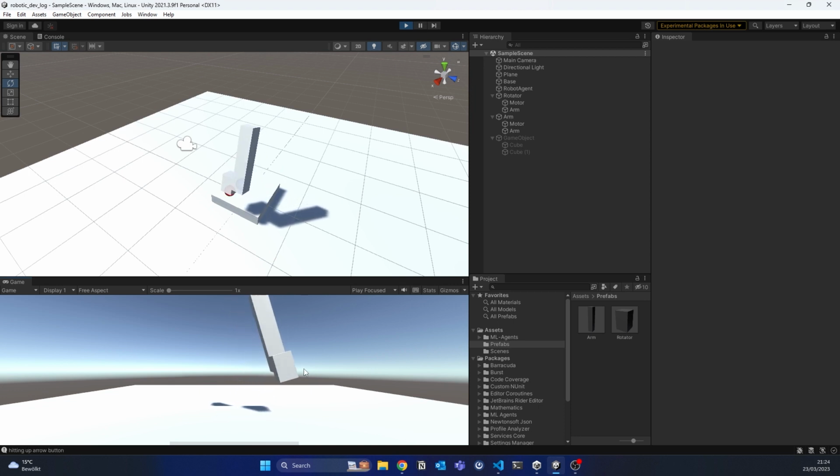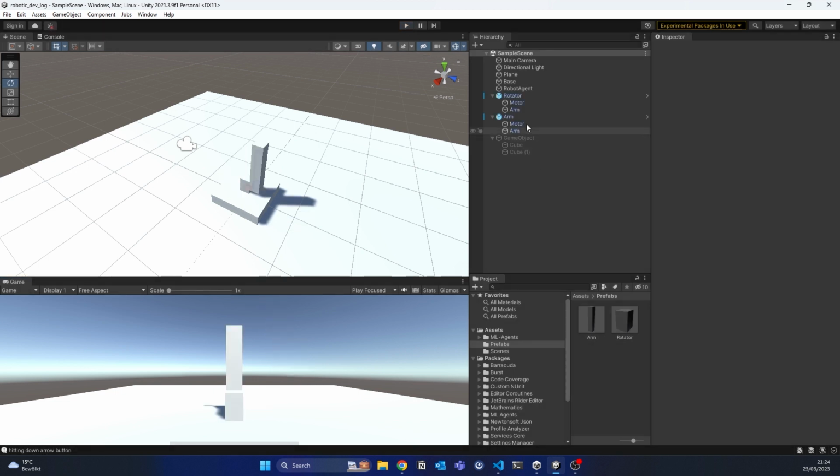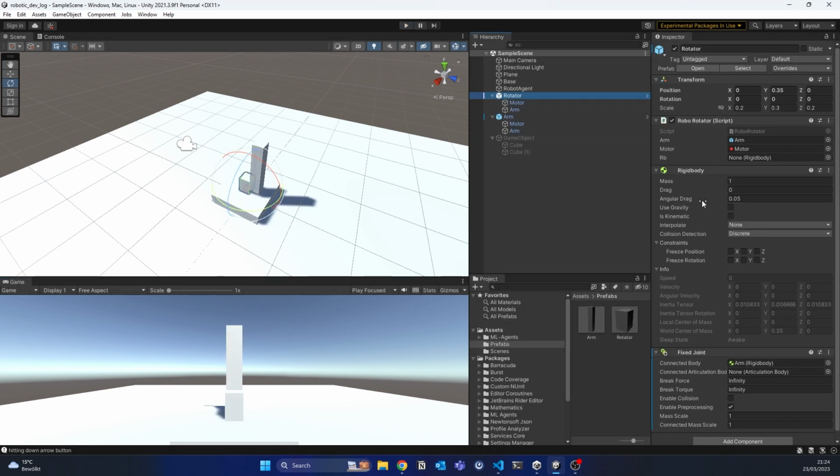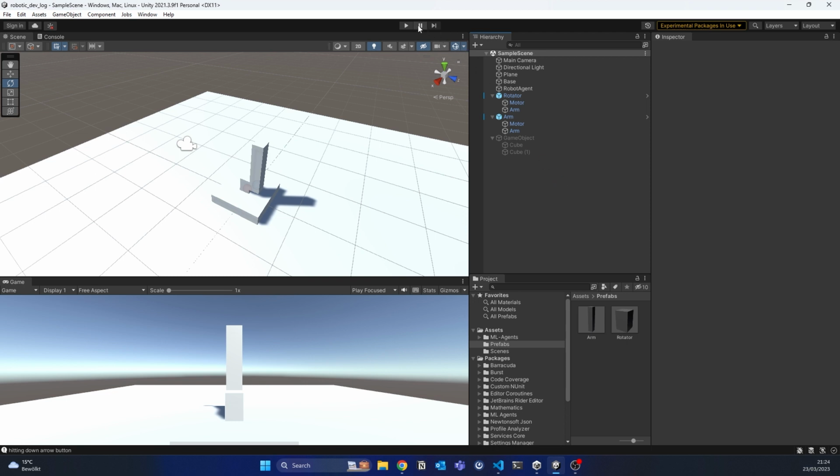So do I have to change this potentially to kinematic? But then I cannot apply forces. But so let me fix all of this stuff. Apart from Y, let's see.